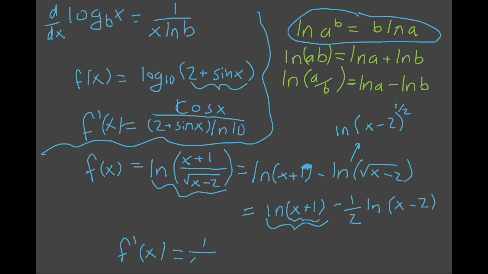So we'll have 1 over (x plus 1) minus 1/2, then derivative of the outside, so it's going to end up 1 over (x minus 2) multiplied by this 1/2. Then our chain rule multiplied by the derivative of the inside, which would just be 1, so it doesn't really matter, and this is our final derivative.